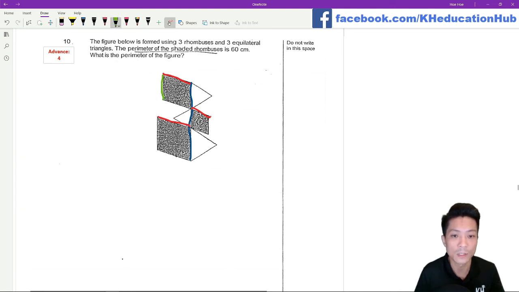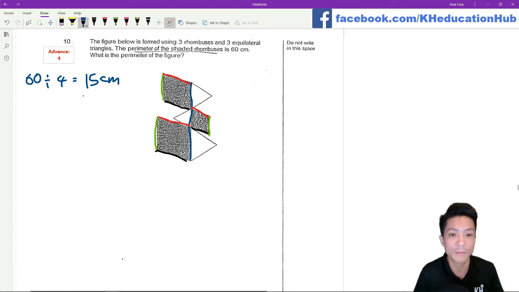Which is the same as this green line. And the same as this black line. Which means that if I use 60 divided by 4, I'm gonna get 15 cm, and 15 cm basically is the length of the blue line.